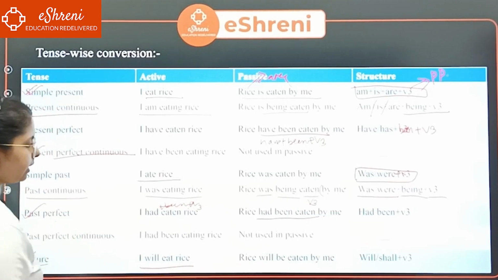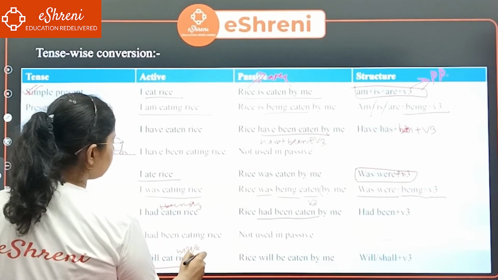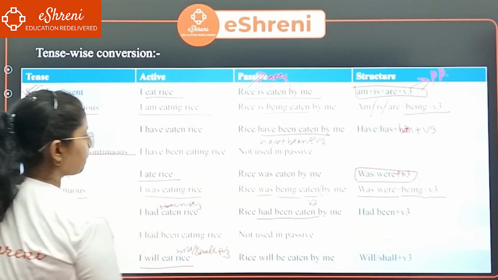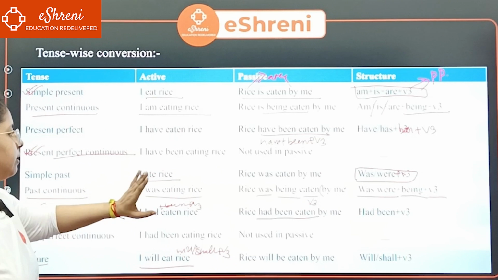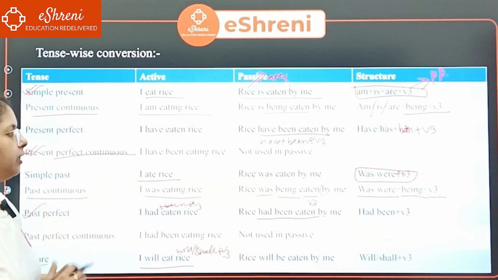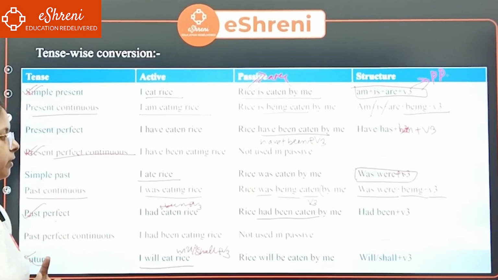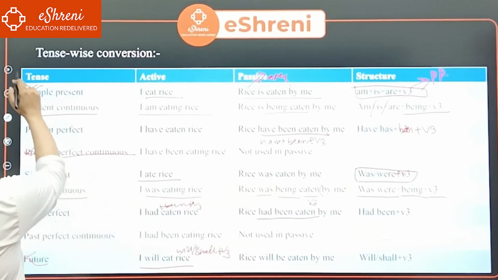If will or shall is there, it is will or shall plus be plus v3. So we noticed that in every tense v3 is used, just the tense part changes. If it is past tense, then we use was, were or had, and with it v3, the past participle form of the verb, will always be used, and then the by me part. The whole structure we have already discussed.